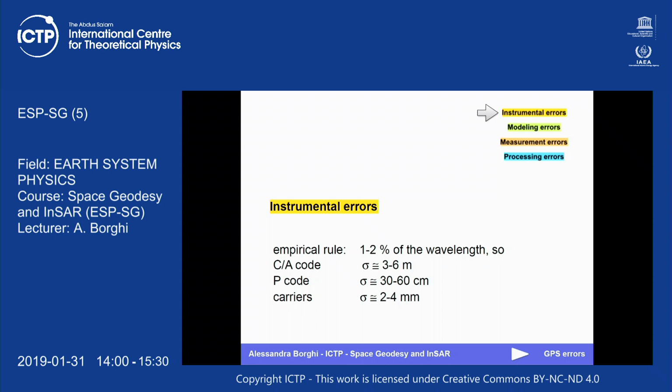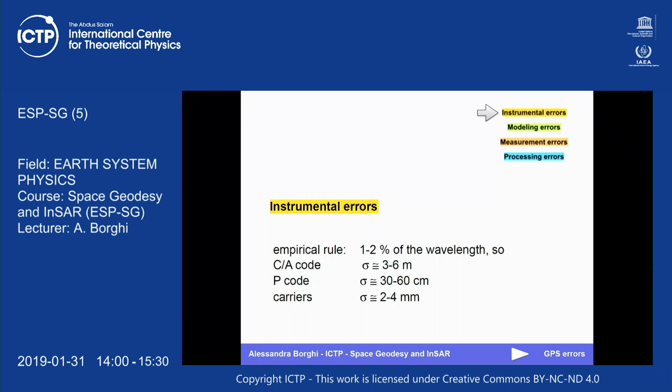I remind you that the carrier L1 has a wavelength of 19 centimeters and L2 has a wavelength of 24 centimeters.